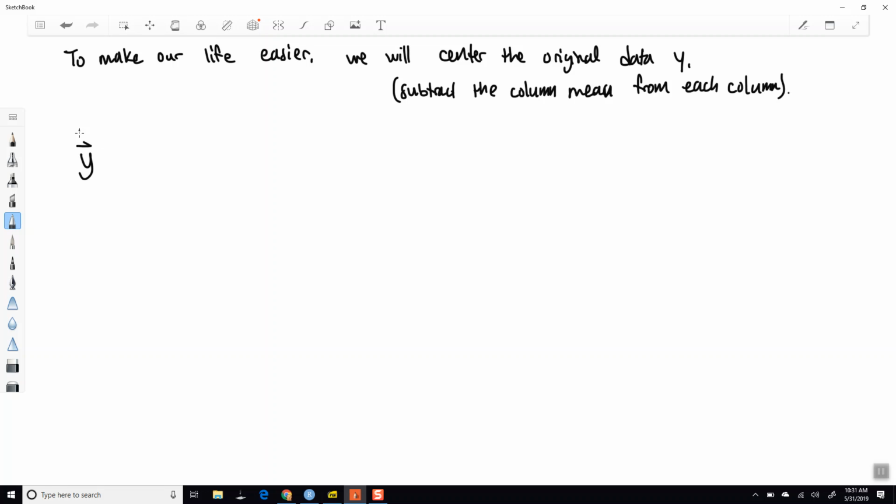So the vector of means is going to be 1 over n times the sum of the vectors y_n, for n equals 1 to N, and we'll set everything equal to 0. So just subtract the column mean from each column, and now we can start working with the PCA, okay?